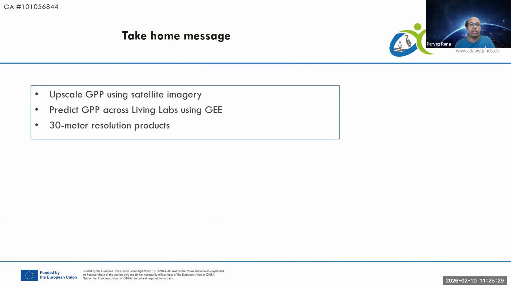And we get the output in 30-meter resolution, which is the pixel size in Google Earth Engine for Landsat. But as I say, you could also use some other data. For example, Sentinel-2 also has 10-meter resolution, so you could try that exercise. I think that would be a good option for you to see.